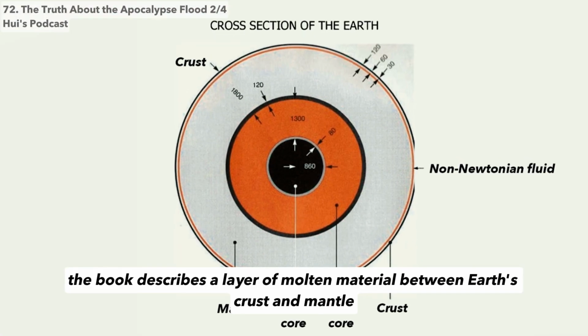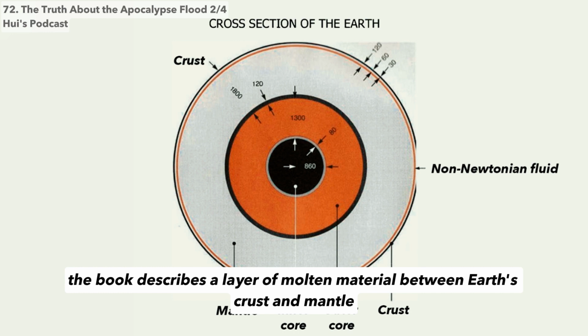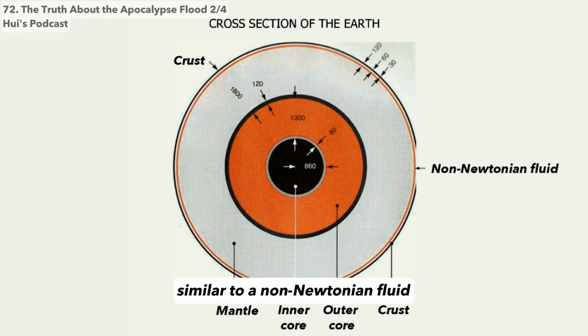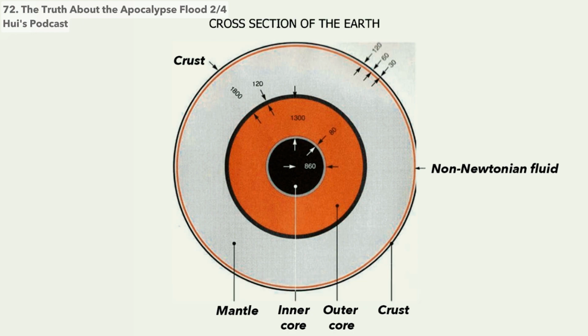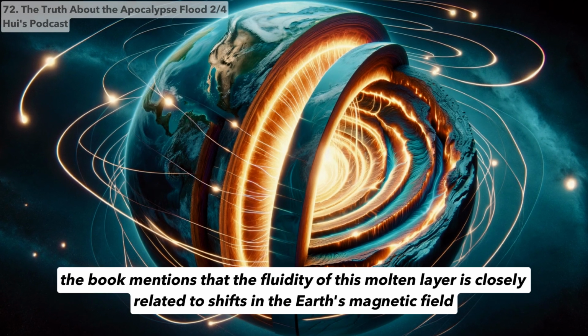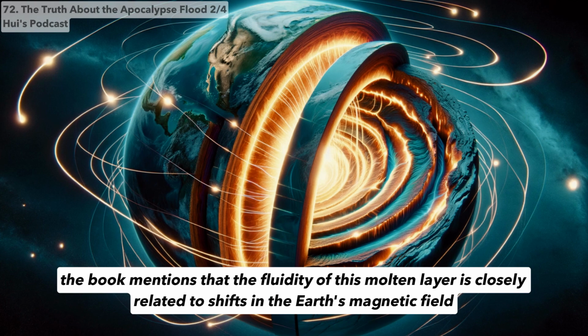First, the book describes a layer of molten material between Earth's crust and mantle, similar to a non-Newtonian fluid, which behaves differently under different pressures. Next, the book mentions that the fluidity of this molten layer is closely related to shifts in the Earth's magnetic field.